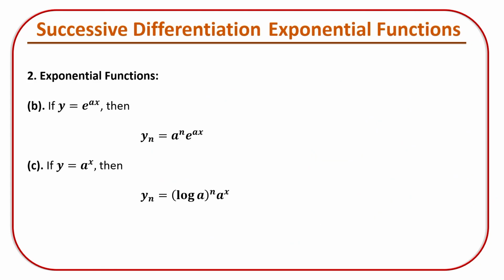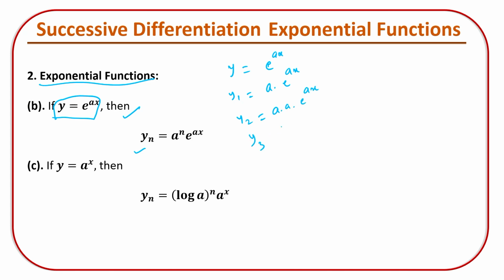Similarly, in these slides we had the exponential function. If y equals e to the power ax, then yn equals a to the power n times e to the power ax. Let me give you some idea how we reached this conclusion. y1 can be written as a into e to the power ax, right? y2 is a into a e to the power ax, which equals a square e to the power ax.